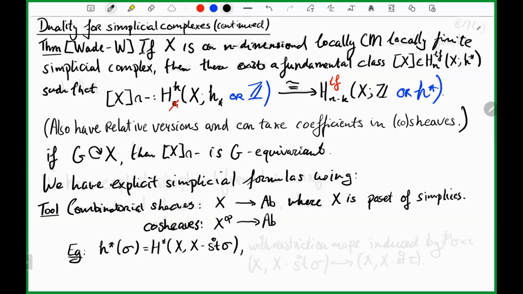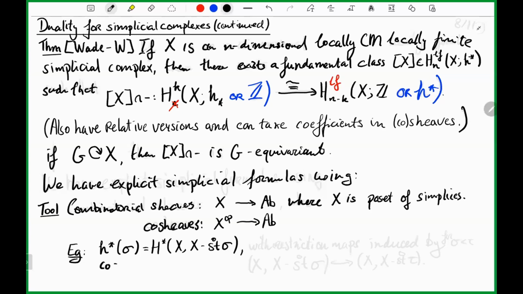If you want to know the value of the sheaf on an arbitrary open, first of all, it needs to be a union of stars, and then you just impose the sheaf condition. Nice. Okay. So I'll give you an example of a co-sheaf.